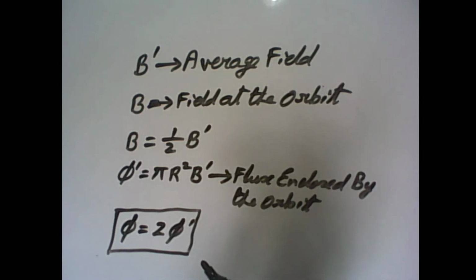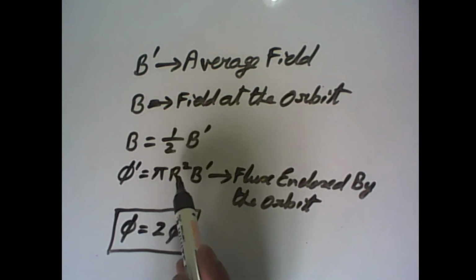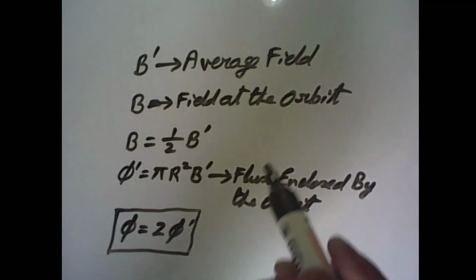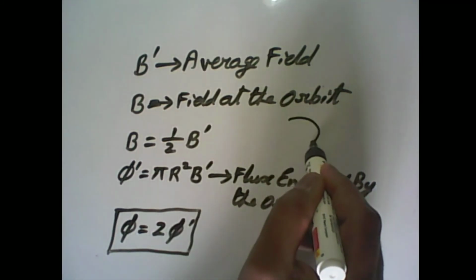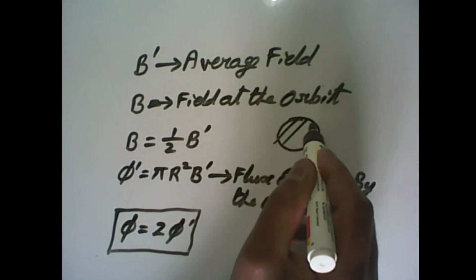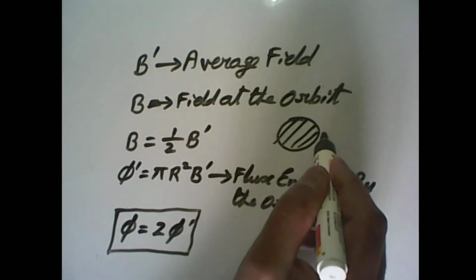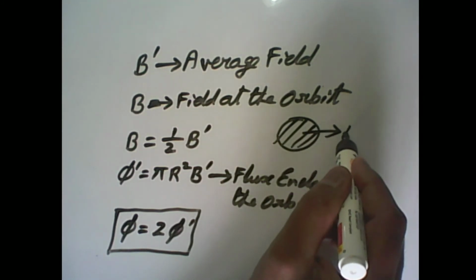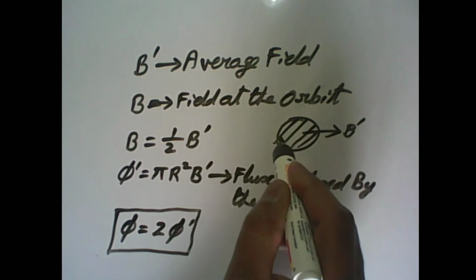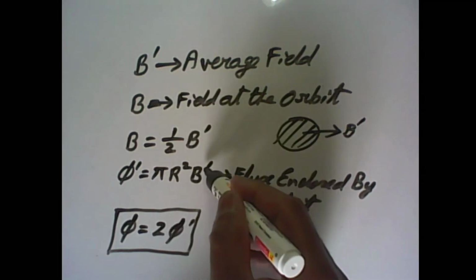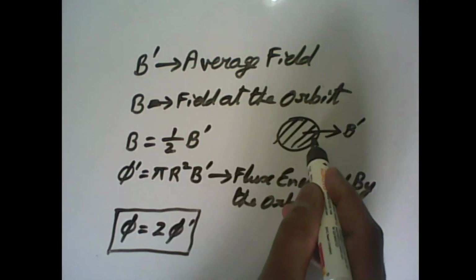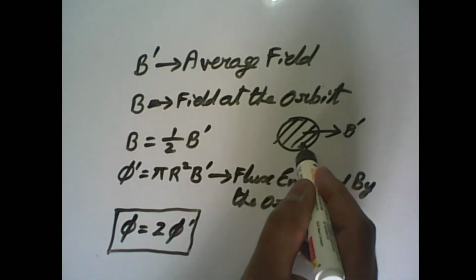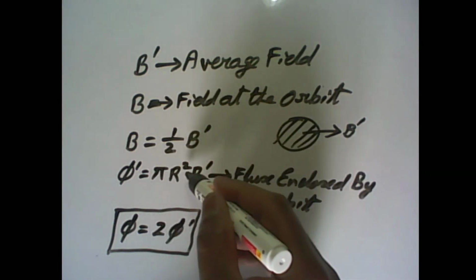In terms of the magnetic flux, we are talking about this orbit. If the average field throughout this orbit is B dash, the flux linked through the area of the orbit is pi r square B dash.